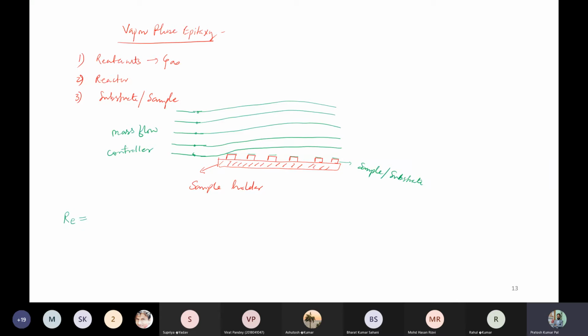The Reynolds number is given by the formula Re = dr times V times rho divided by mu. Here dr is the diameter of the reactor tube through which we are flowing the gas, V is the gas velocity, rho is the gas density, and mu is the gas viscosity.